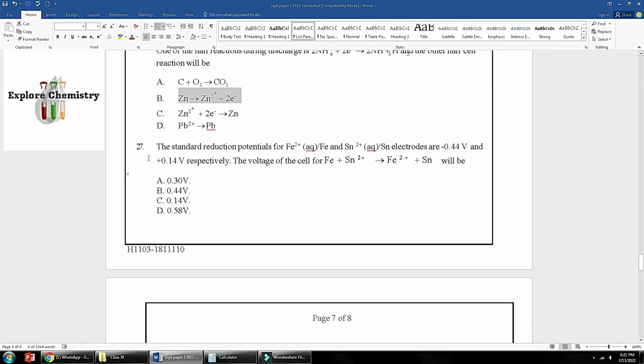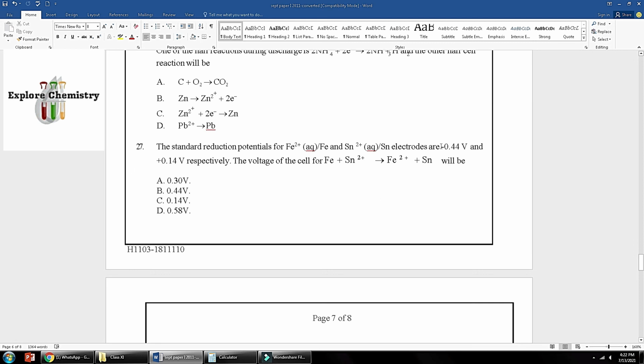Number 27, standard reduction potentials for Fe2+ and Sn2+ electrodes are minus 0.44 volt and plus 0.14 volt respectively. The voltage of the cell will be, in this cell iron is oxidizing and tin is reducing, and the reduction potential of both are given.